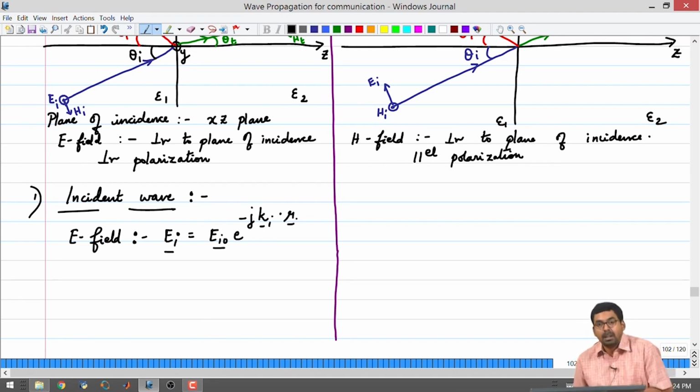We had seen that for a plane wave that is traveling in an arbitrary direction, the way to write down the expression for the electric field is EI naught exponential minus j k dot r, where r is your position vector, it will be x hat plus y hat plus z hat, and k I is supposed to be found by us. So, we will do all of these now systematically, but you need to remember that this is the generic expression for the electric field. Now, our objective is to calculate correctly the value of k I dot r, plug it into this expression and then start to look at what we can do with it.